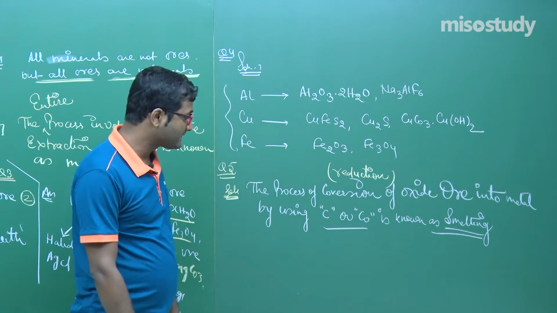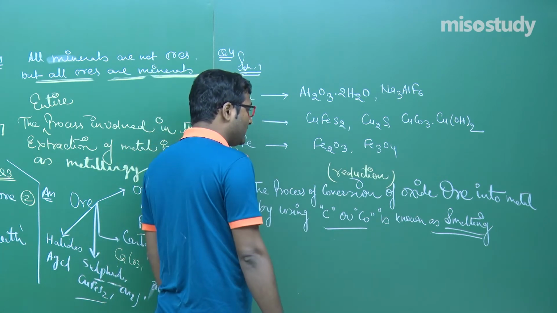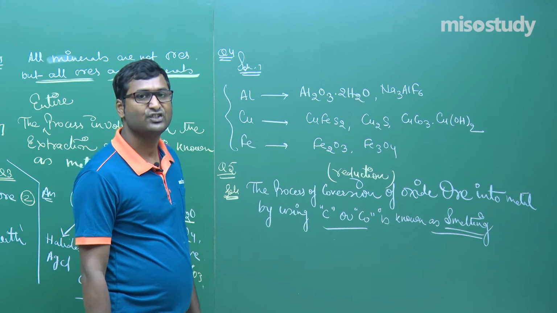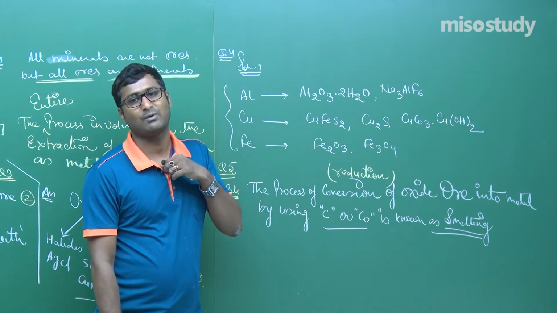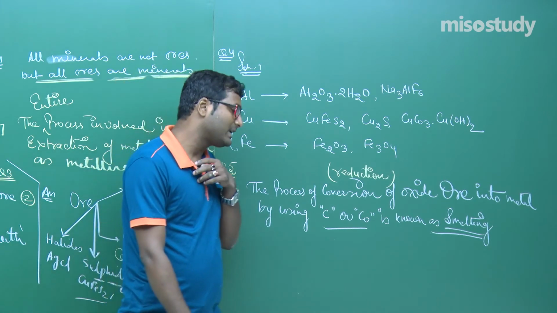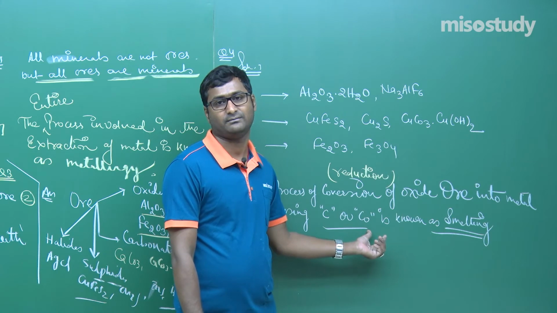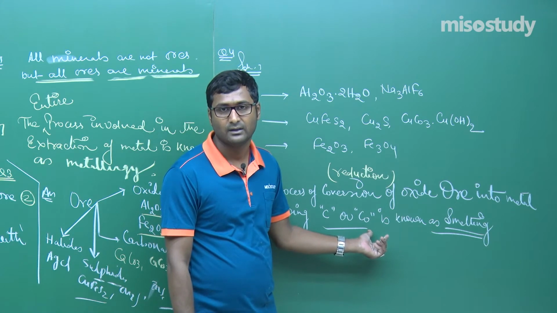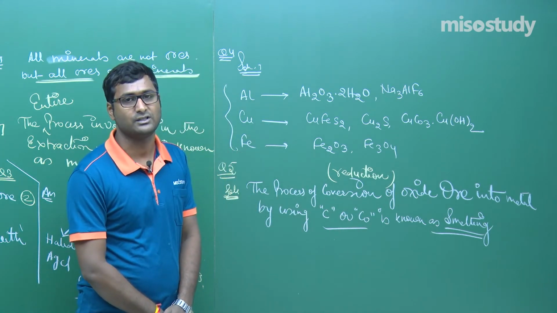Now the question arises, generally carbon and carbon monoxide are used in the reduction process. Why? This is another question. If anyone asks you why carbon and carbon monoxide, because carbon and carbon monoxide have very strong affinity for oxygen.